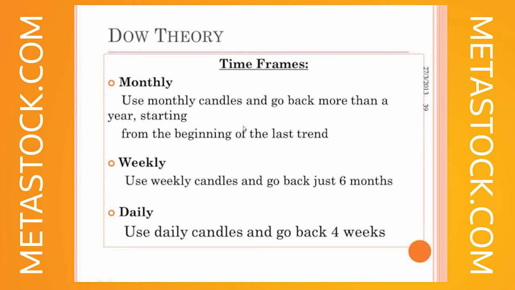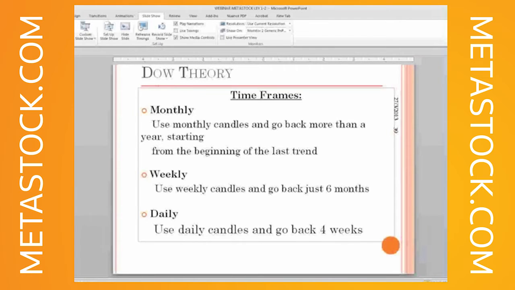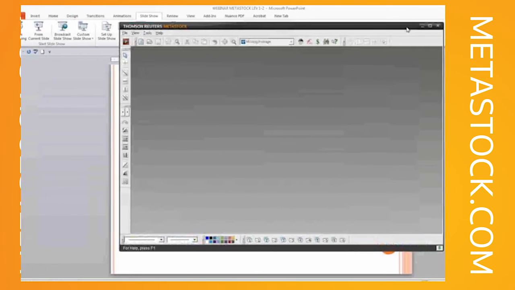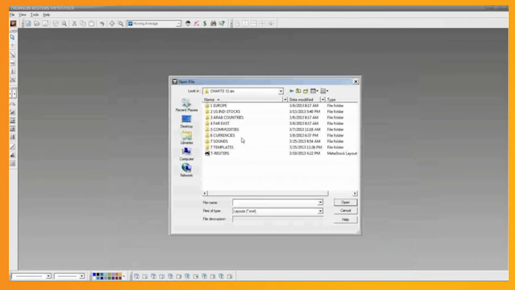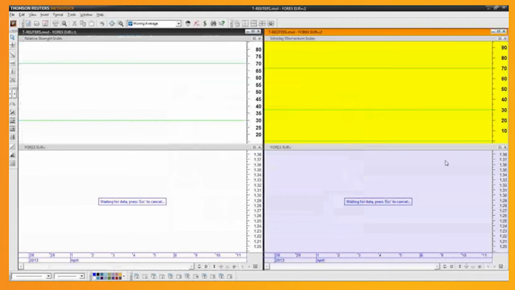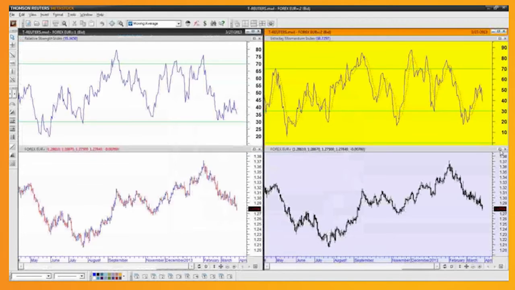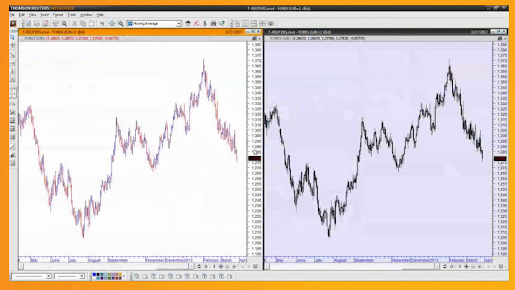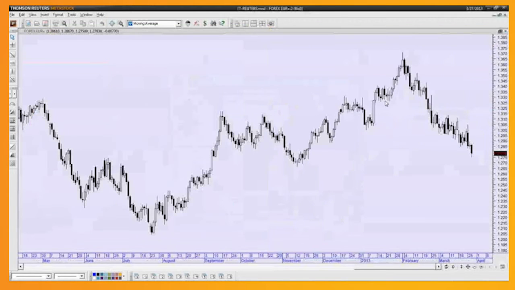So if I show you a chart through MetaStock, we can see that some traders are using... okay, so let's see.